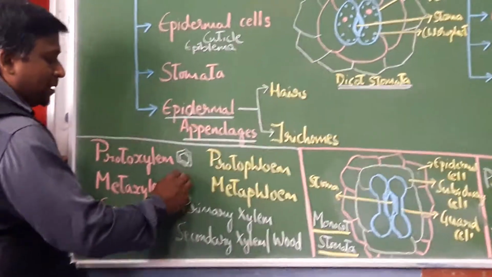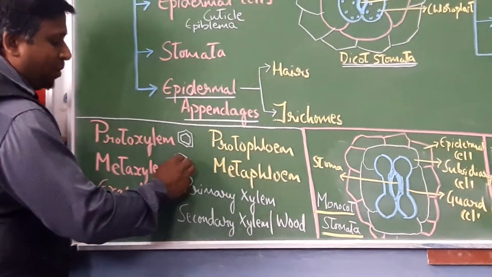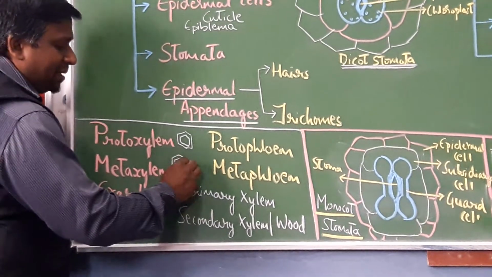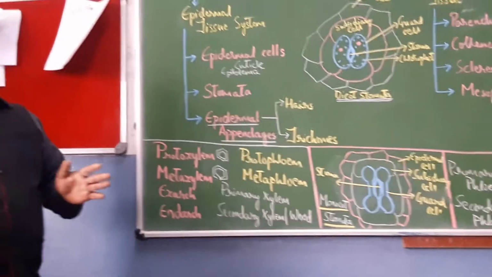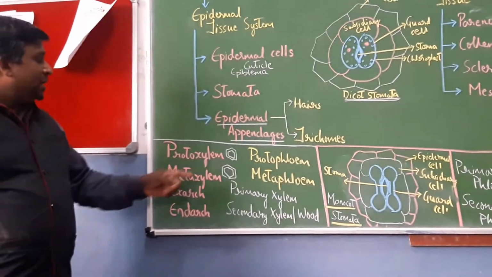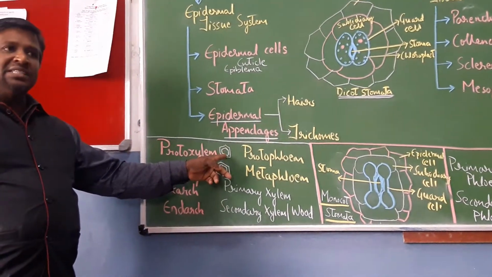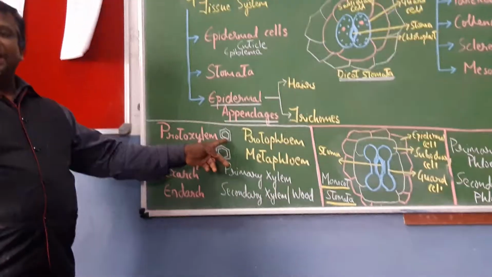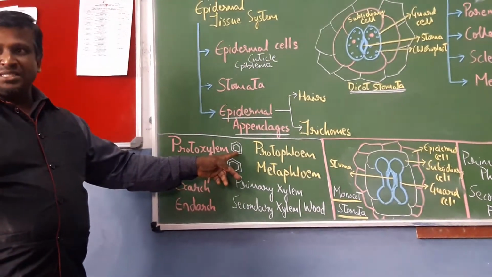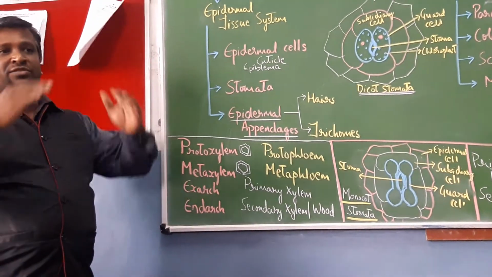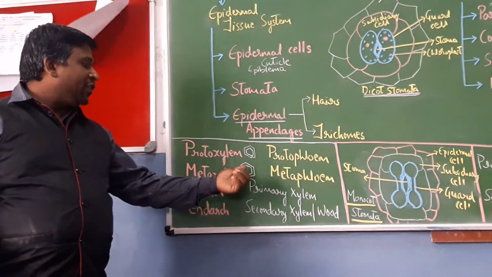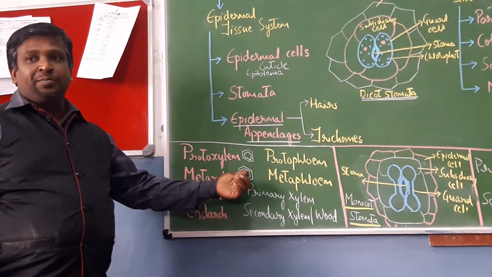Metaxylem are later formed elements, and they have larger lacuna or space, cavity. So protoxylem are first formed elements, smaller in size, with smaller space. Metaxylem are later formed elements which are larger in size and have larger space.